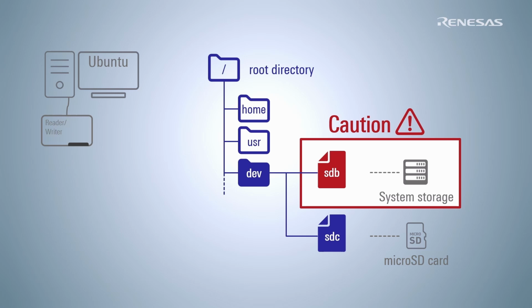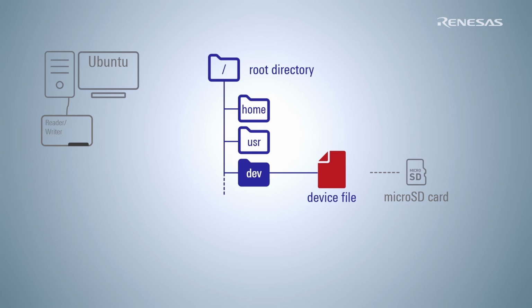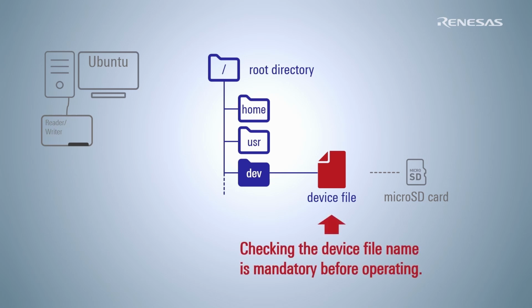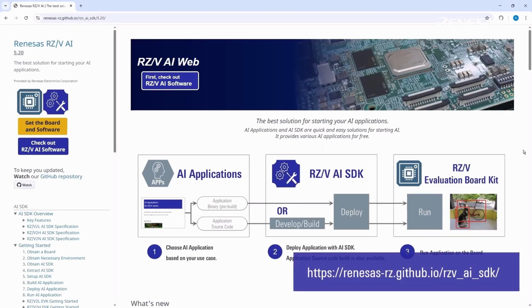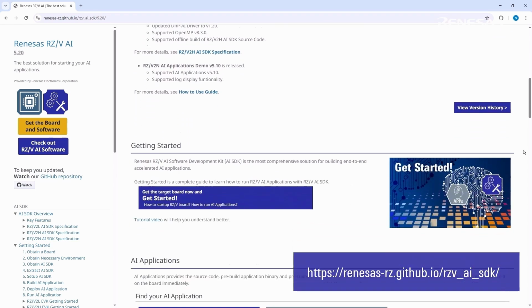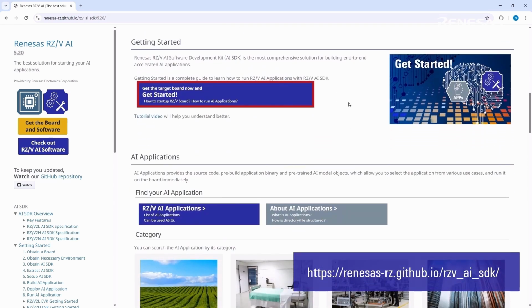If sdb is assigned to other media, writing to sdb will overwrite the data and may destroy it. In order to avoid destruction of the media, you must check the device file name of your micro SD card. Now, let's start writing the files to the micro SD card. To deploy the application, go to Getting Started and move to Step 7.